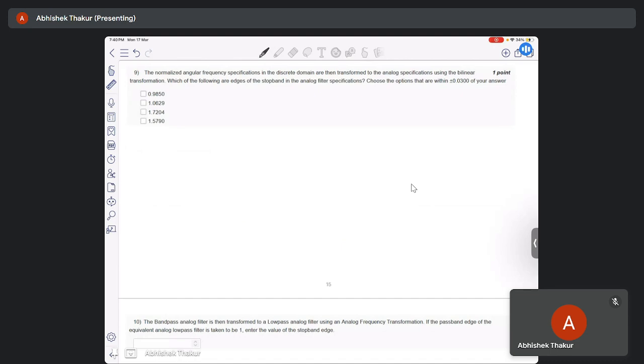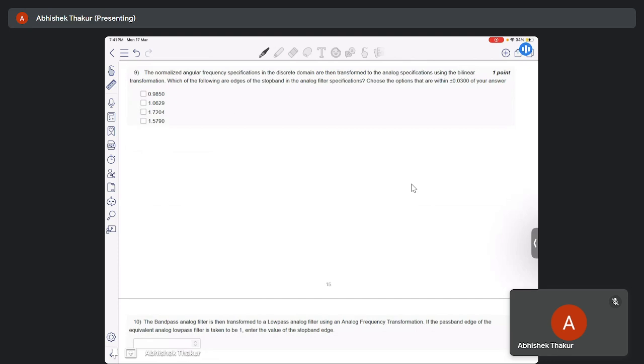Now the next question: the normalized angular frequency specification in the discrete domain are then transformed to the analog specification using bilinear transformation. Which of the following are edges of the stop band in the analog filter specification? Choose the option within plus minus 0.03 of your answer.